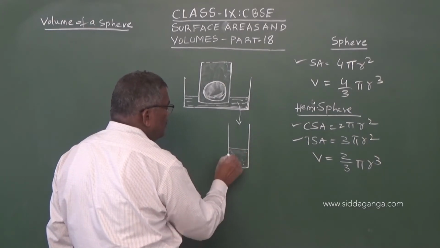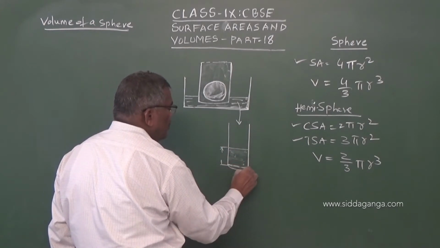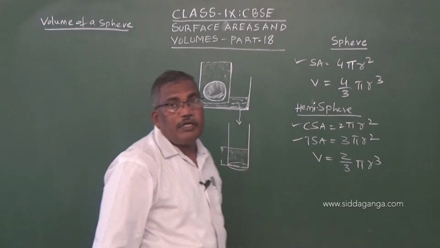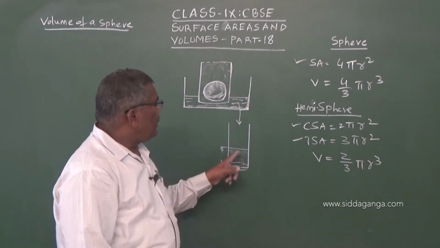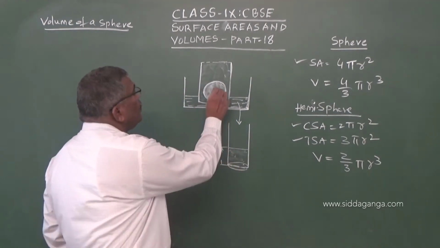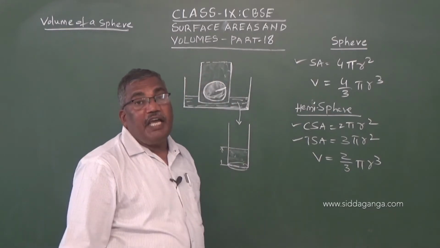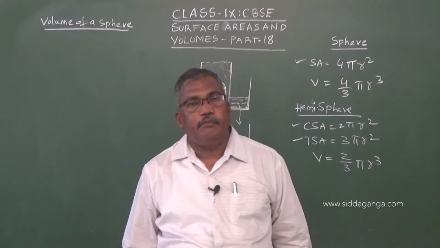This is the height, and the measuring jar is of course a cylindrical one. We know how to calculate the volume of a cylindrical substance. We calculate this. So here you know the radius of this sphere, which is put inside.